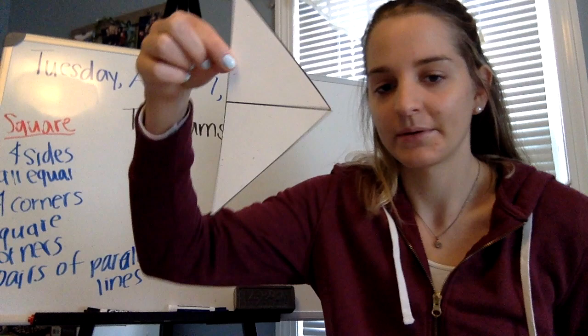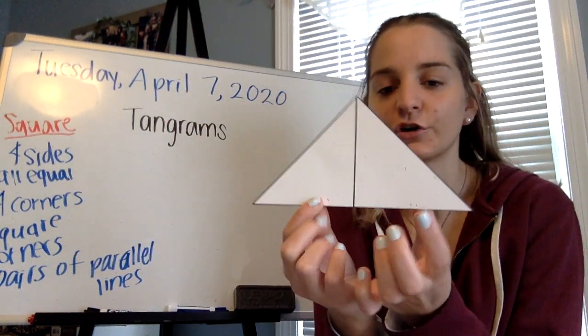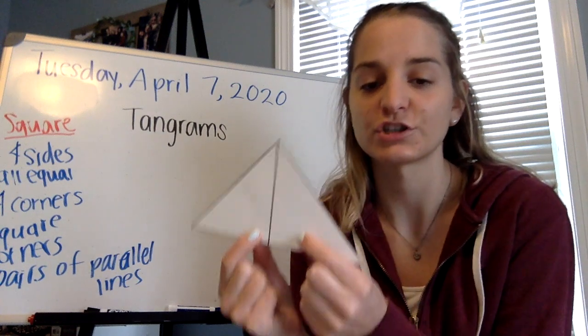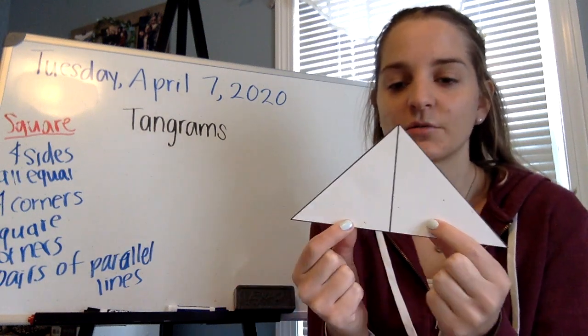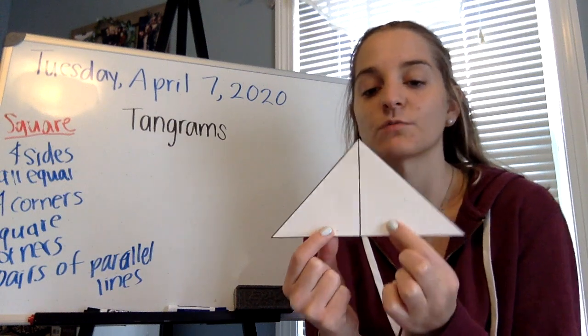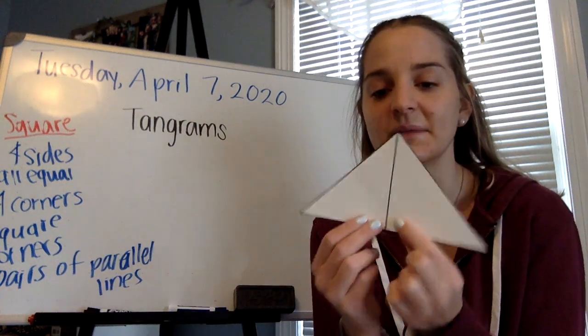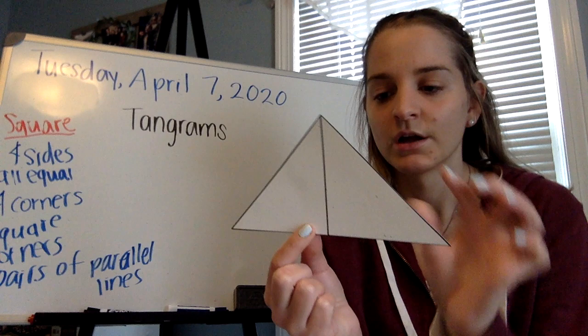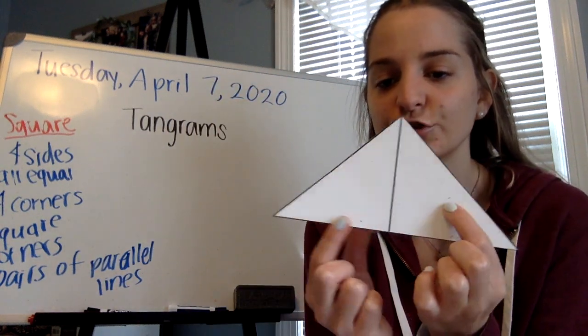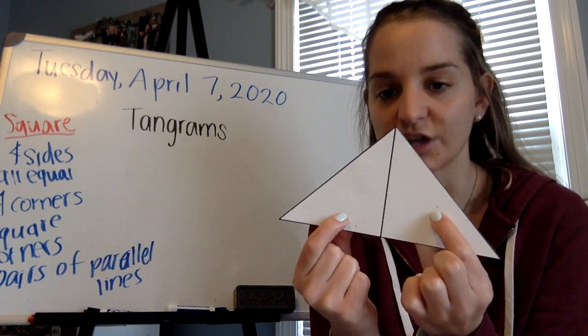This shape is made up of 2 smaller shapes, and we're actually going to be doing that in tomorrow's math lesson, okay? So today we're just going to look at the shapes and go over them, and tomorrow we're going to actually use the shapes to make shapes. So this shape is made up of 2 smaller shapes.